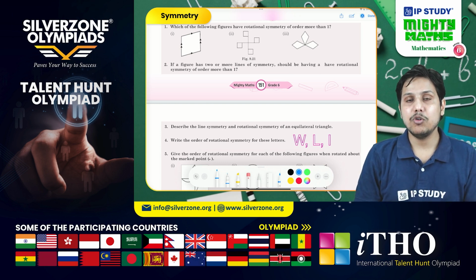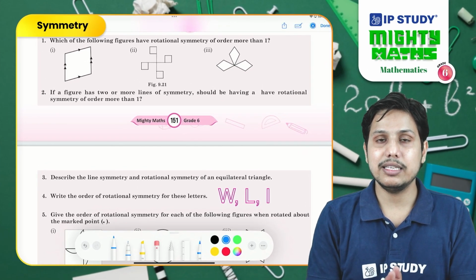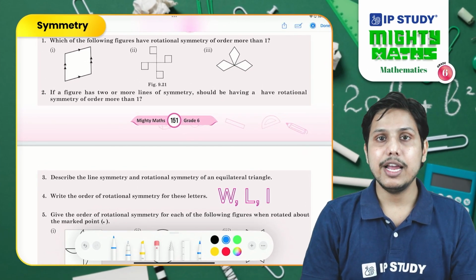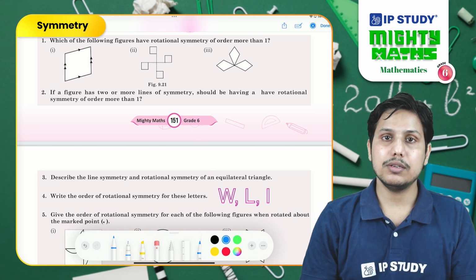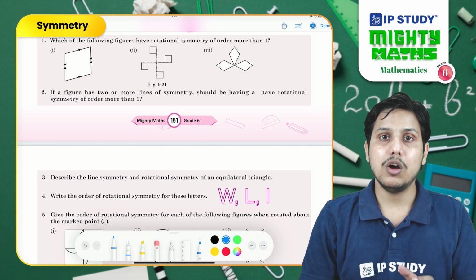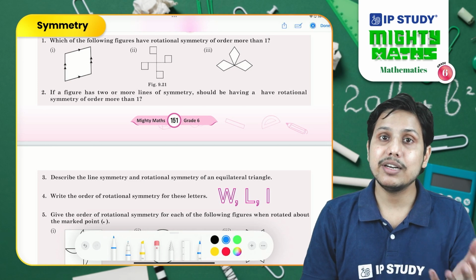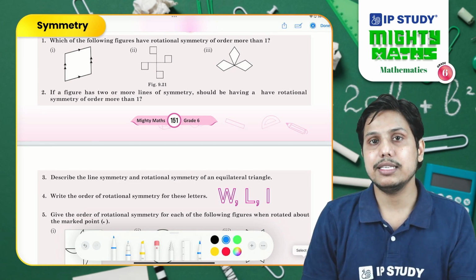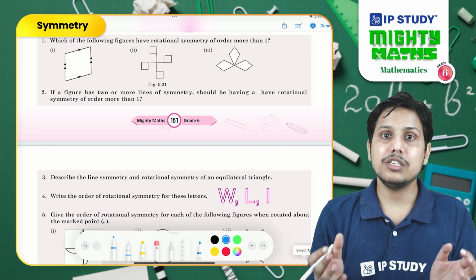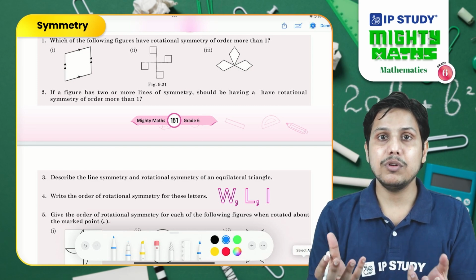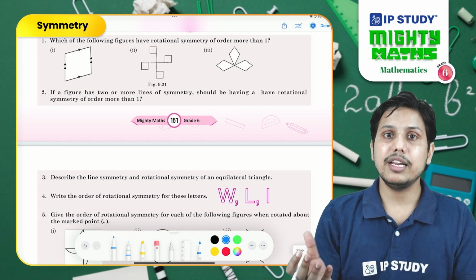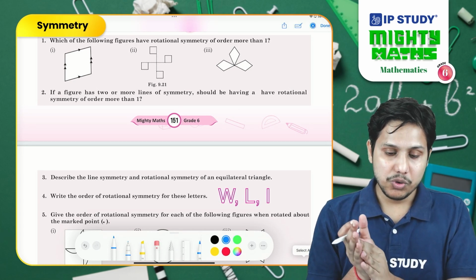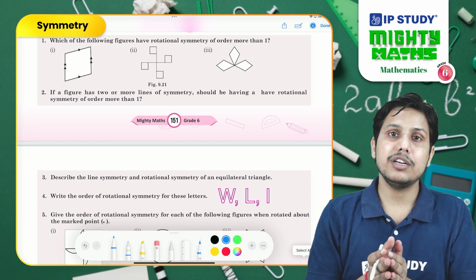Now you will be able to solve the questions given in your textbook, and also try to observe in your surroundings how different figures have different symmetry, like trees, leaves, flowers, butterflies. You'll find that in nature and in architecture, like the Taj Mahal, we have beautiful patterns of symmetry. You can just look around yourself and you'll find symmetries everywhere.